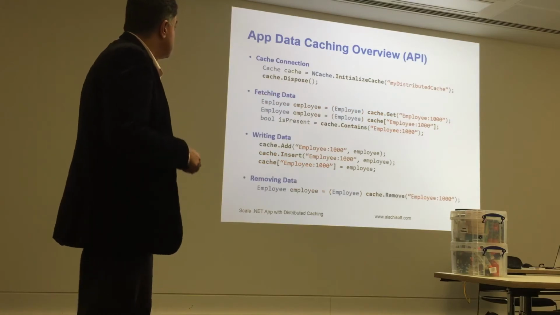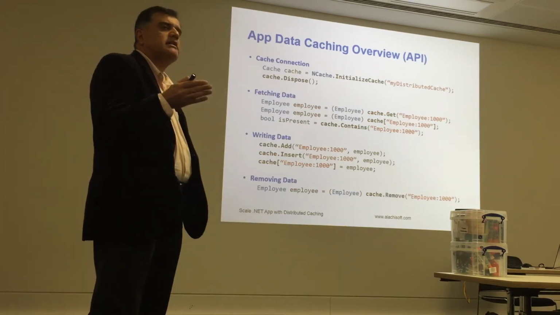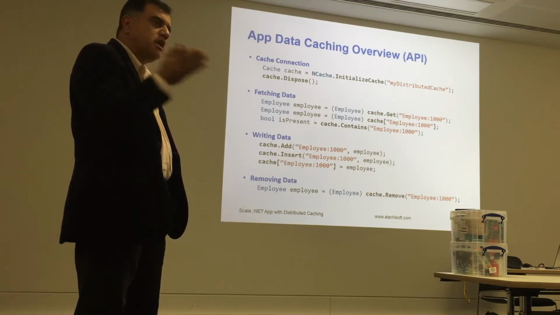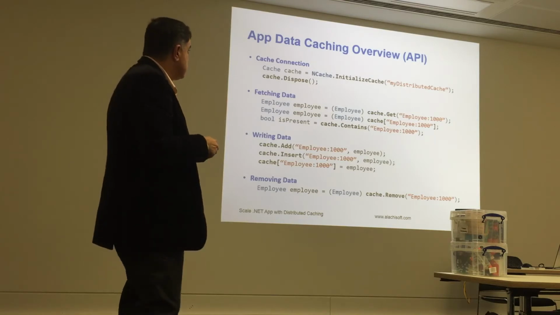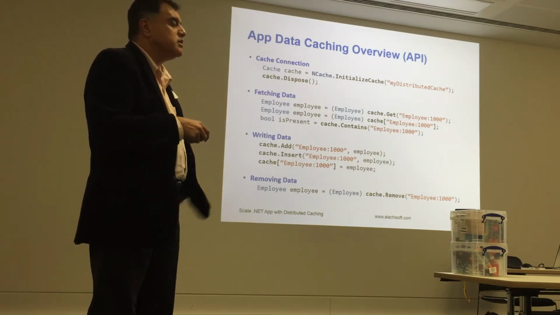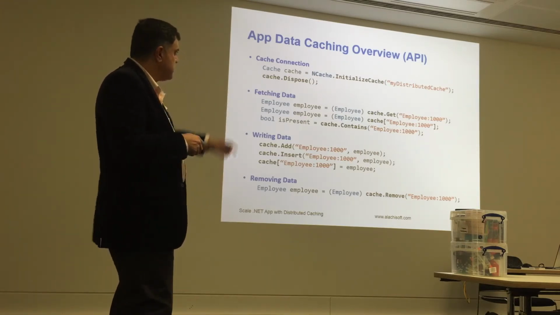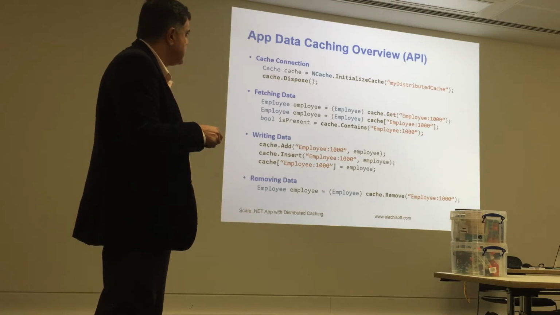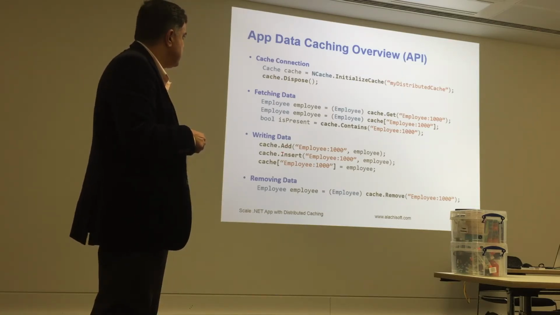Okay. So here's the API. The API looks very straightforward. It looks a lot like the system.runtime.caching API, which used to be the ASP.NET Cache API. We intentionally kept it very similar to that, although it's a superset because we have a lot more features than they do. But the basic use of the cache: there's a cache.get, there's an index operator to do the get, and there's an add.